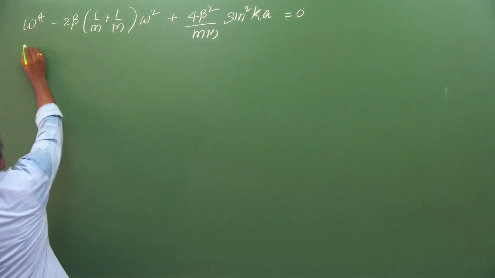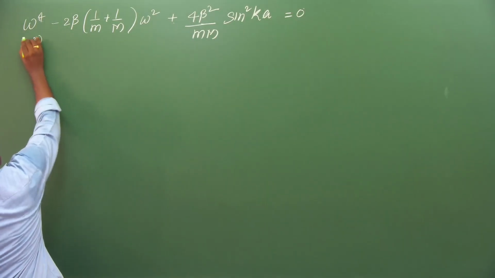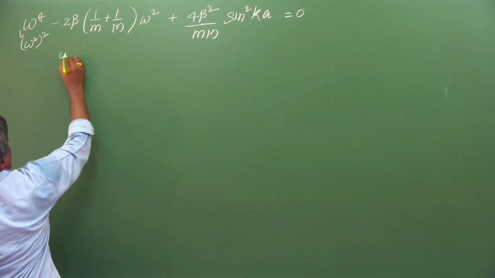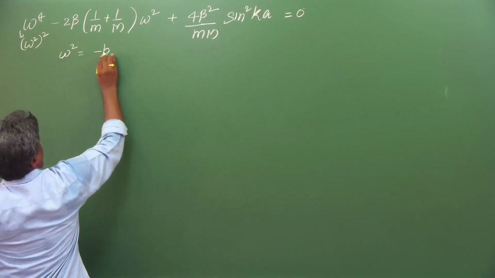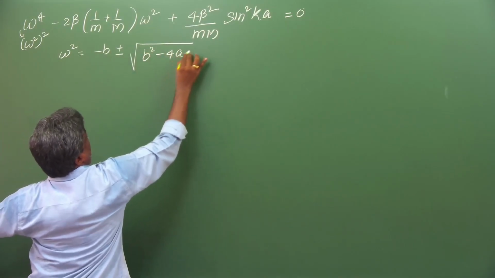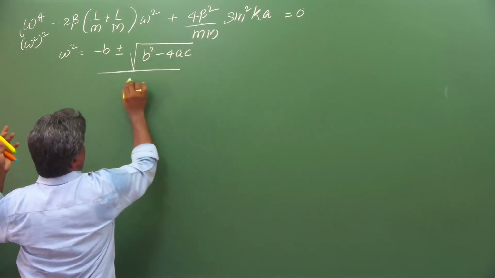Say yes or no? Please check. Right, so this is nothing but omega square whole square. That's why it's a quadratic equation in terms of omega square. Then the roots: omega square equals minus b plus or minus root of b square minus 4ac by 2a. Come on, do it.